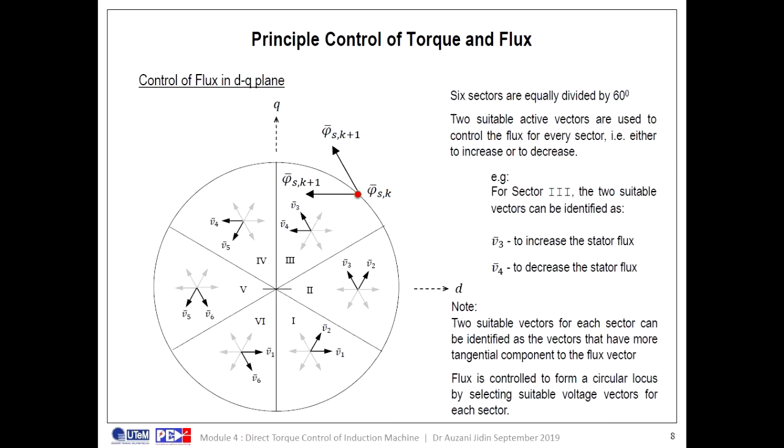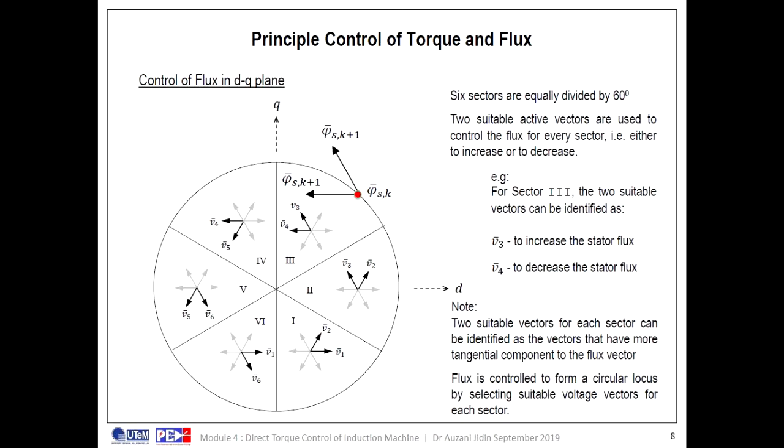In the previous explanation, the resultant voltage will form a circle in the DQ frame, and the circle is divided into 6 sectors, each of 60 degrees. In each sector, there are 2 active vectors used to control flux.